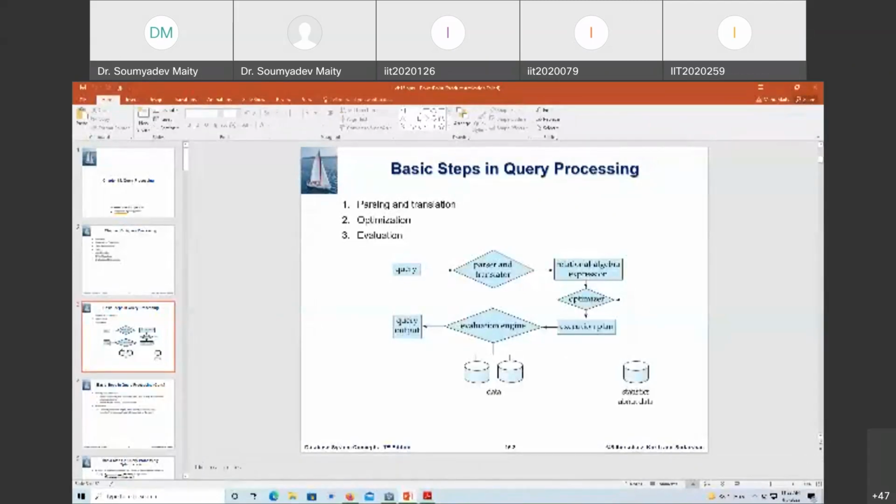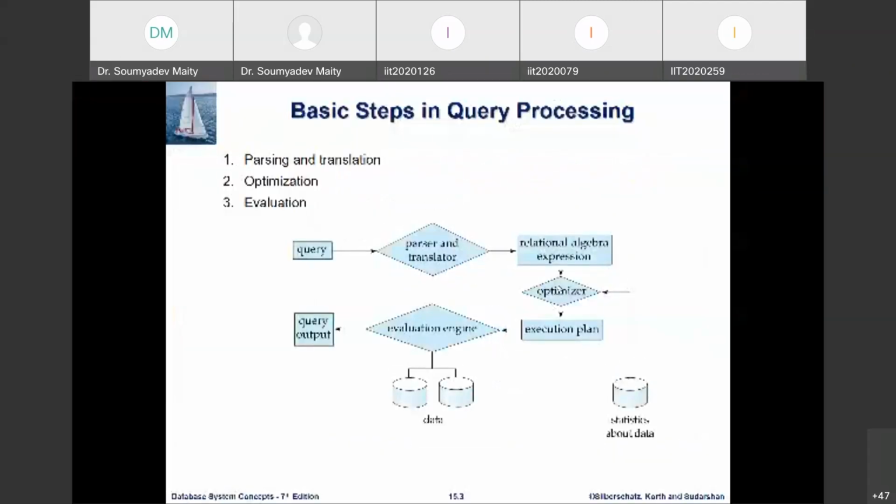That's why it is shown that the optimizer takes the relational algebra expression. The parser generates only one relational algebra expression, but then the optimizer explores how many equivalent expressions can be generated, and if I take the optimal algorithms for each of those, what would be the cost?